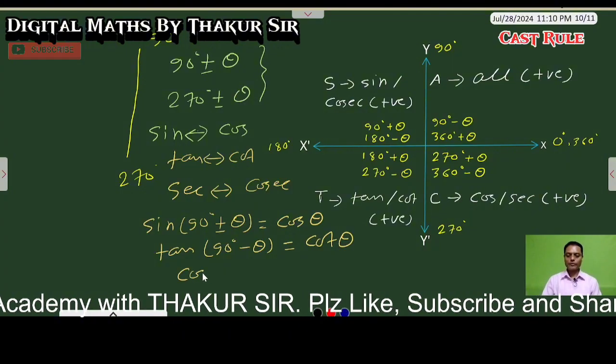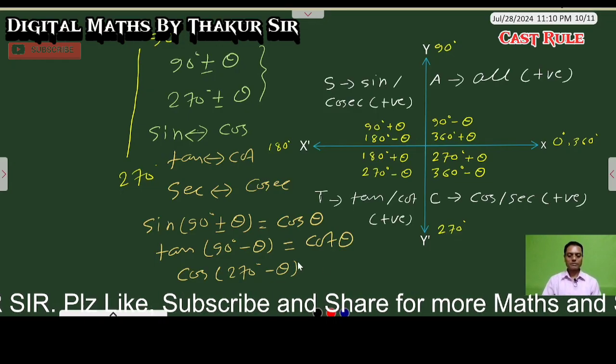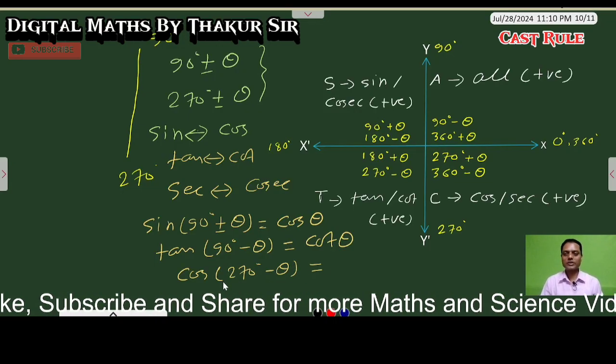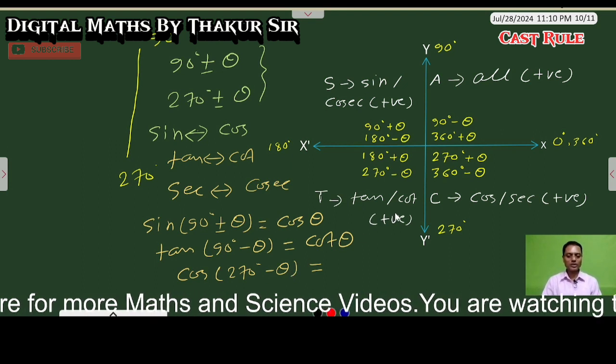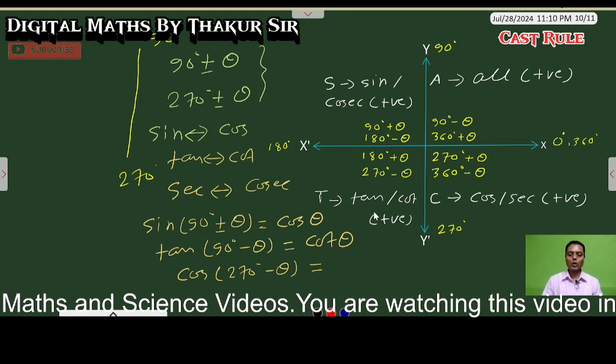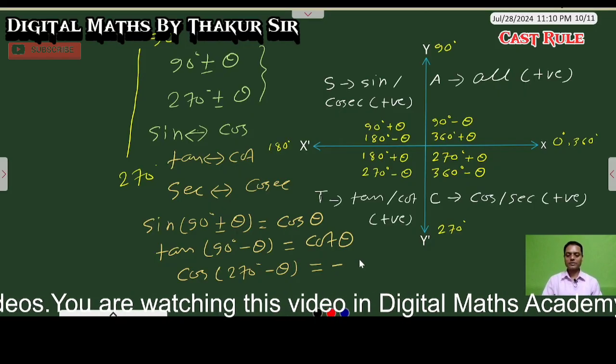Similarly, cos 270 degree minus theta: here is 270, so cos will change into sine, but 270 degree minus theta lies in the third quadrant, so cos gives a negative value, so it will be minus sin theta.